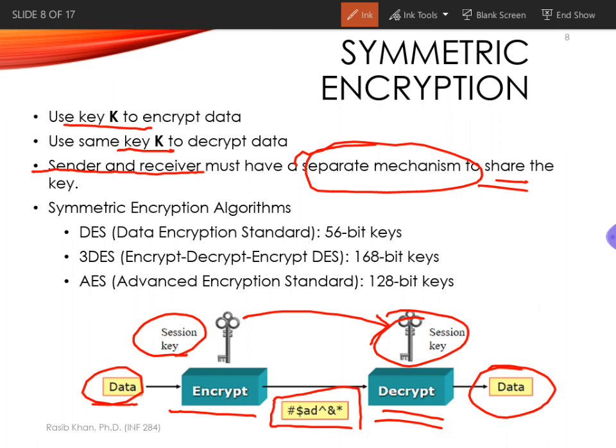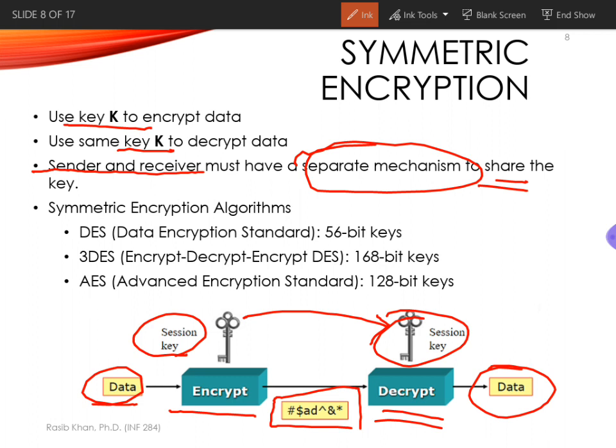It would happen before the VPN is set up, or it could be in the physical world where the sender and receiver exchange the keys using something else. But both of them must have the same key for symmetric encryption to work.